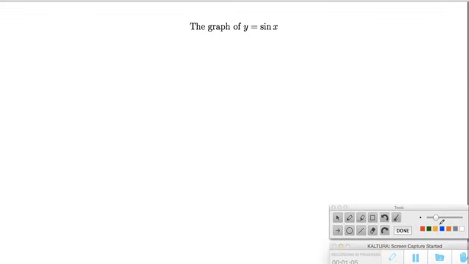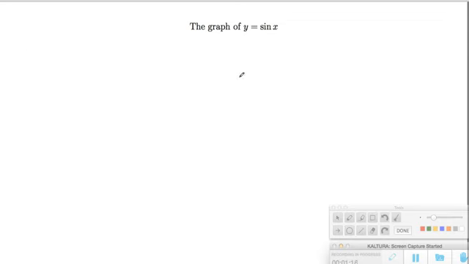So if we are going to sketch a graph of sine of x, the first thing we can do is try to come up with a few exact values.